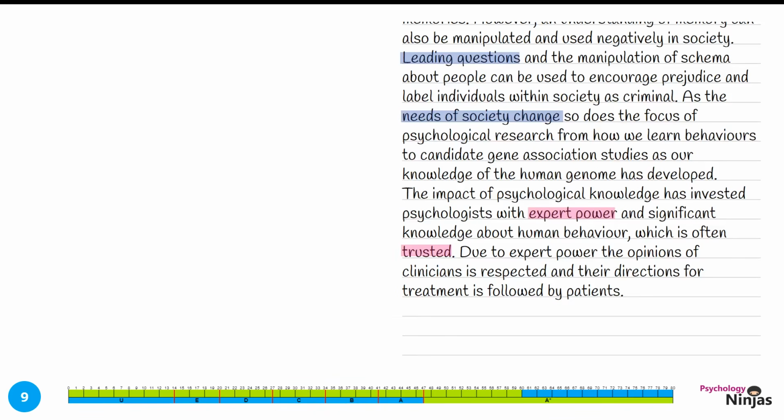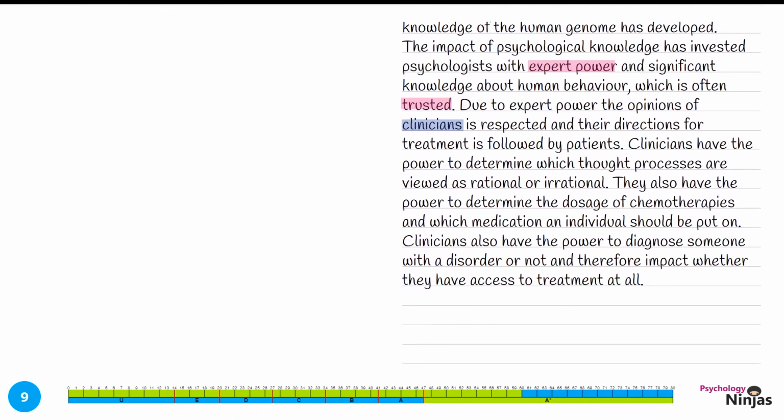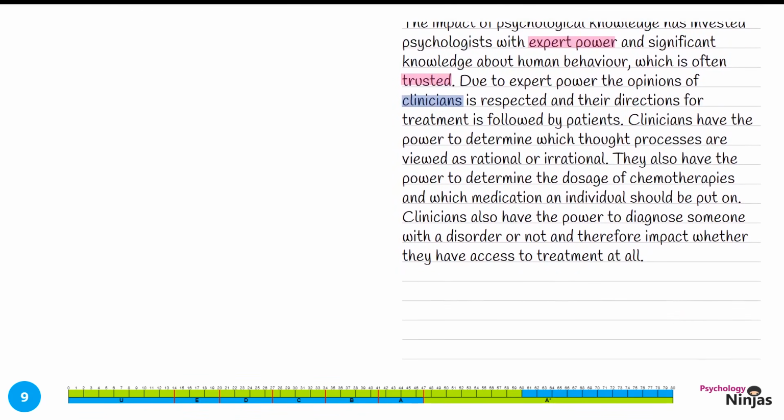We've integrated our knowledge of expert power into the role of clinicians, and we're going to explain this in more detail. Clinicians have the power to determine which thought processes are viewed as rational or irrational. They also have the power to determine the dosage of chemotherapies and which medication an individual should be put on.